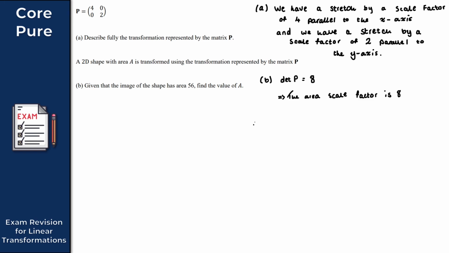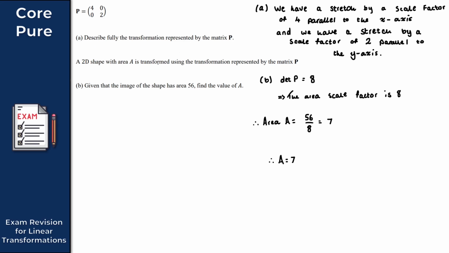So the area A here is equal to 56 divided by 8, the area scale factor, and 56 over 8, hopefully nice and straightforward, is just simply 7, right? So what that means is the value of A is just simply 7. So therefore A is equal to 7. In other words, the area of the original 2D shape here is just simply 7 units squared, right?